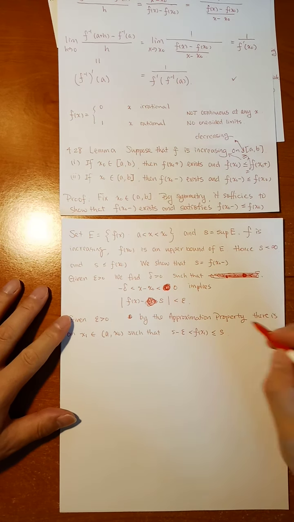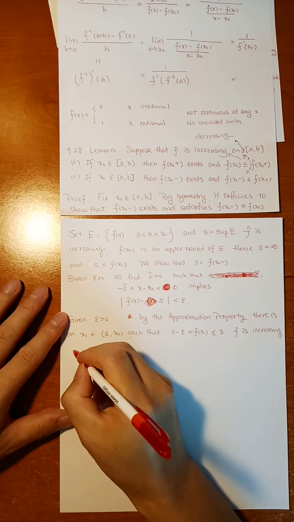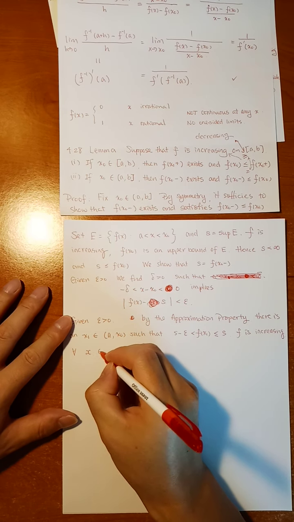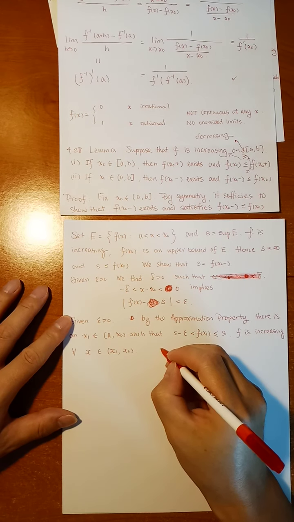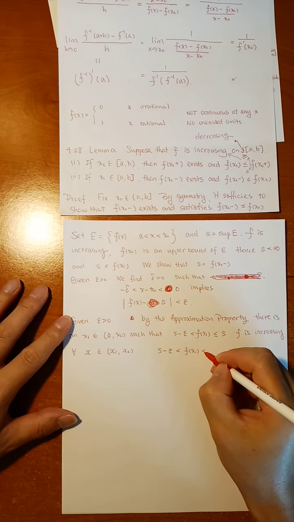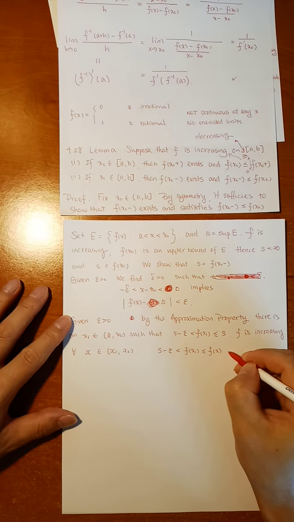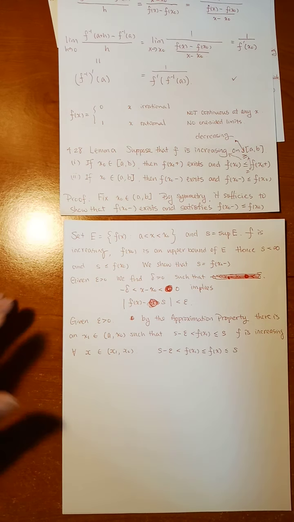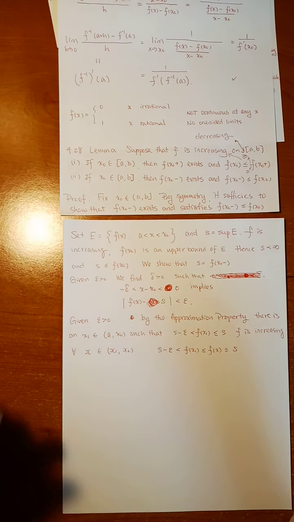Okay, so f is increasing. So for whatever x between x1 and x0, S minus epsilon is less than f(x1), which is less than or equal to f(x), increasing, could be equal. And because S is the supremum, it's less than or equal to S. So we want to control this.